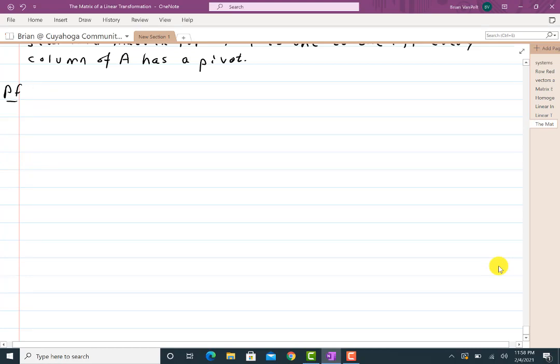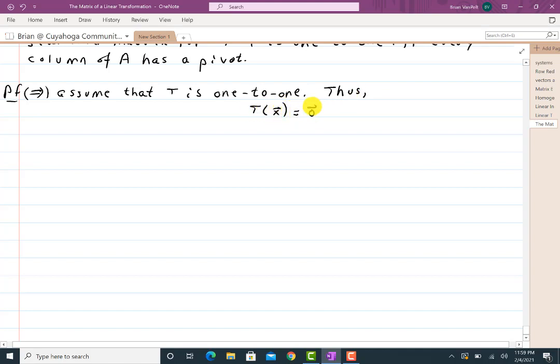All right, since this theorem is an if and only if theorem, the first thing I'm going to do is the forward direction. So I am going to assume that T is 1 to 1. Thus, T of x equals 0 has only the trivial solution.